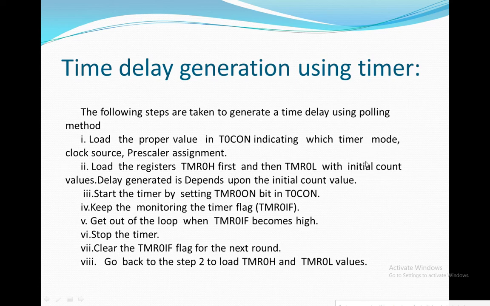From this value, the timer will start incrementing upon every clock source input, on a high-to-low or low-to-high transition, and it will reach its maximum value. In 16-bit mode, it will reach 65,536. After initializing timer 0, we need to turn on the timer 0 on bit.